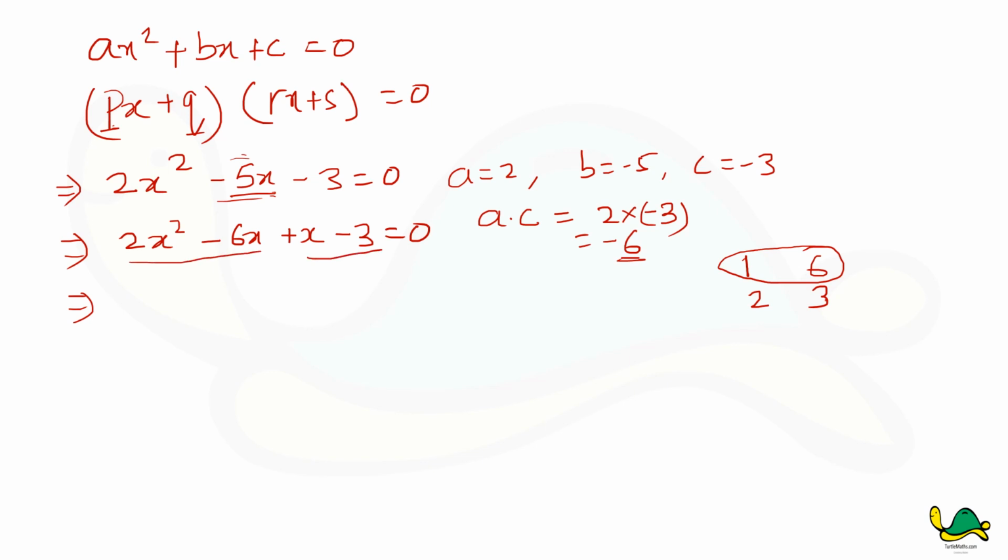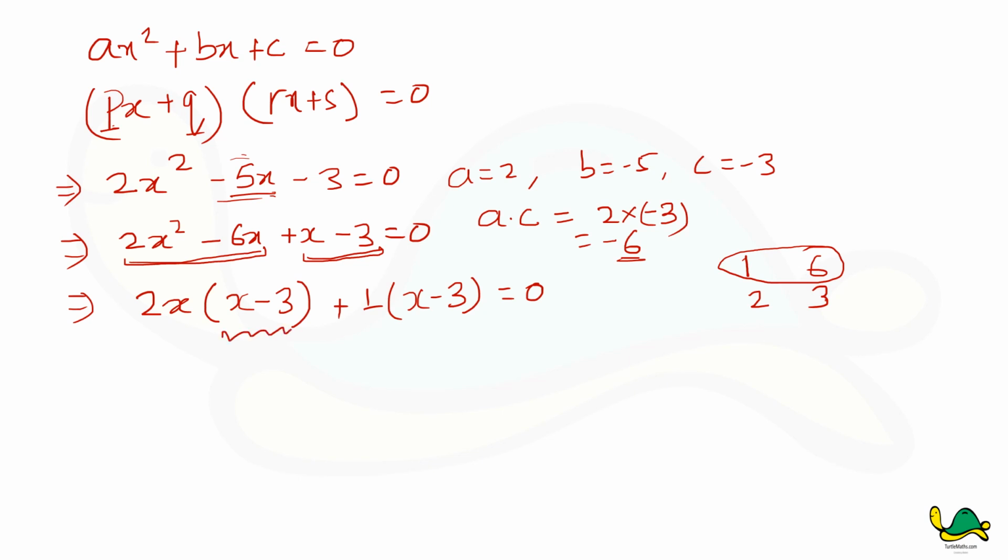What term can divide both 2x² and -6x? Here I can divide both of them by 2x. That will leave me with x - 3, and here I can take out 1 common, which will leave us with x - 3.